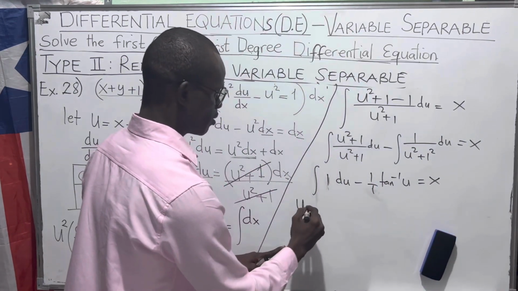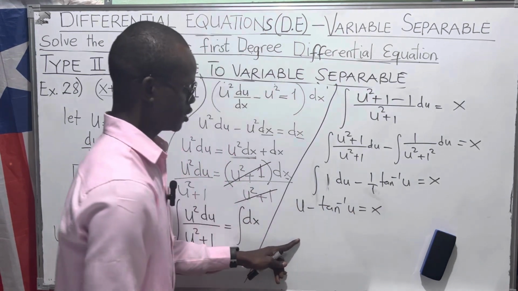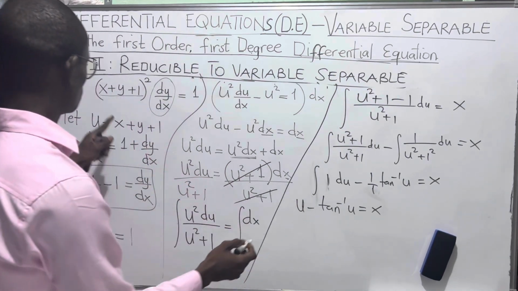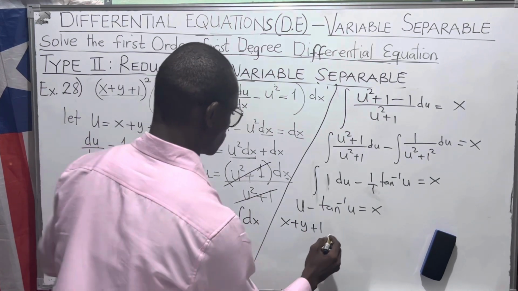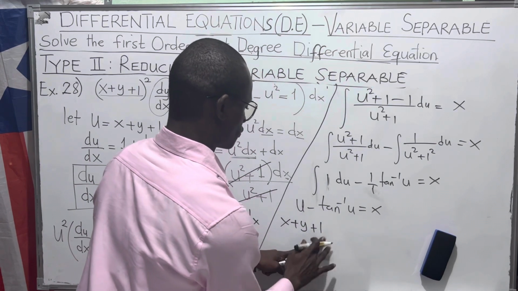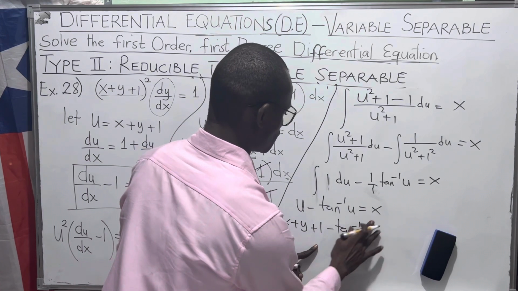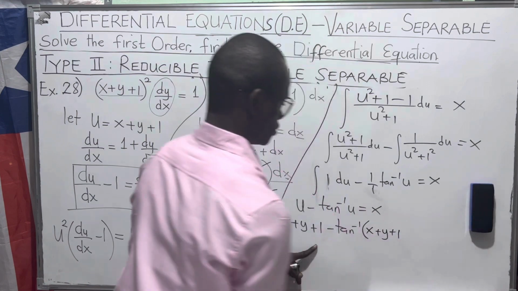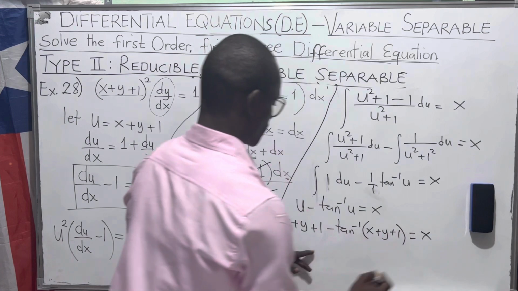So this is u minus tangent inverse of u equals x. Now we bring in the value of u, which is x plus y plus 1, minus tangent inverse of x plus y plus 1, and this equals x.